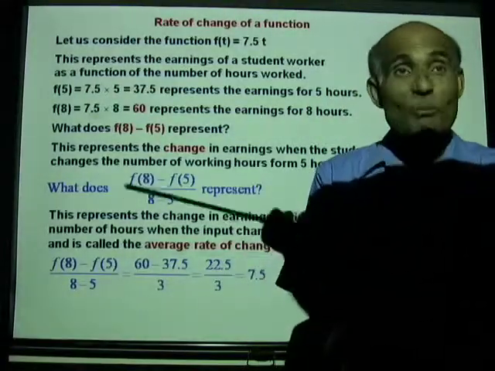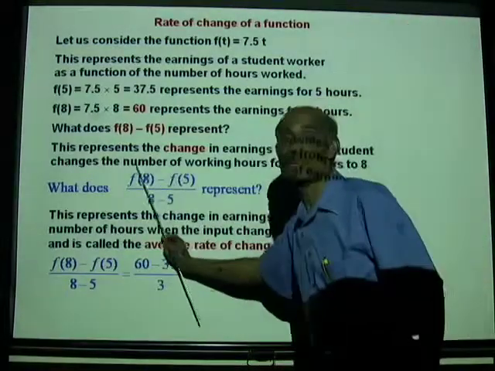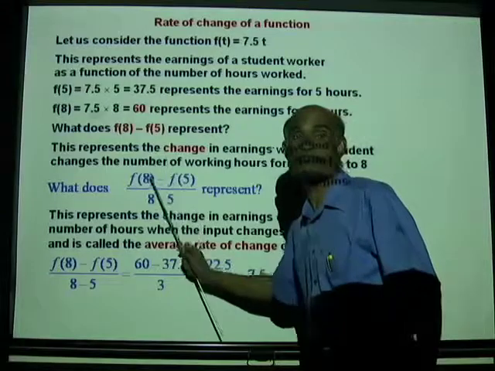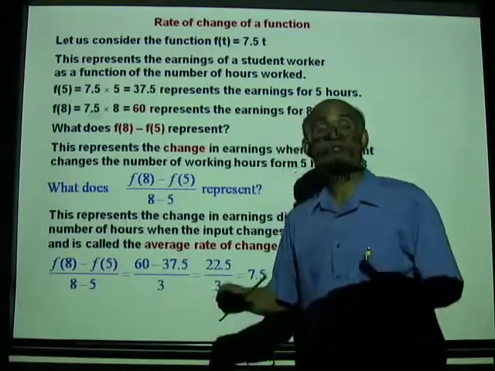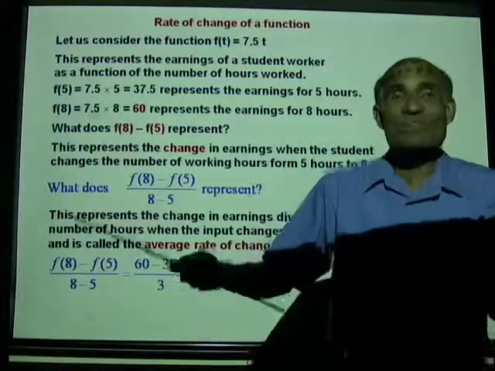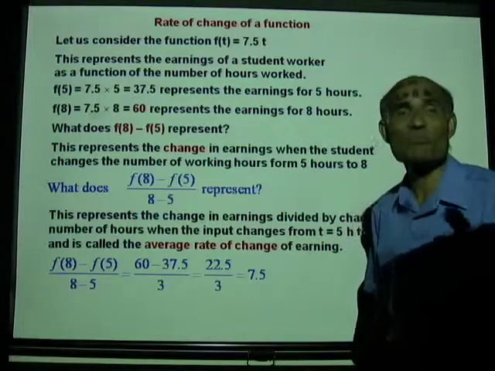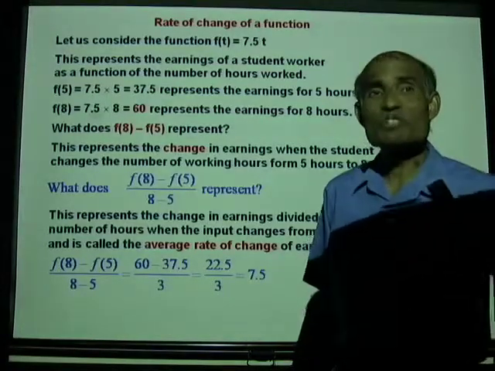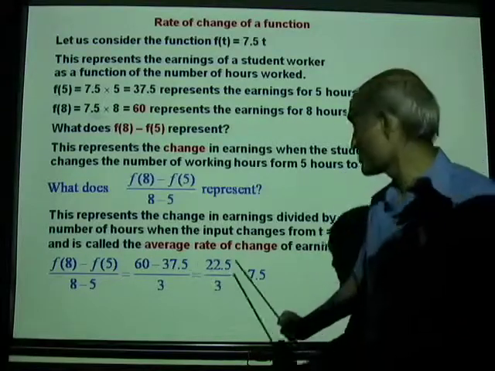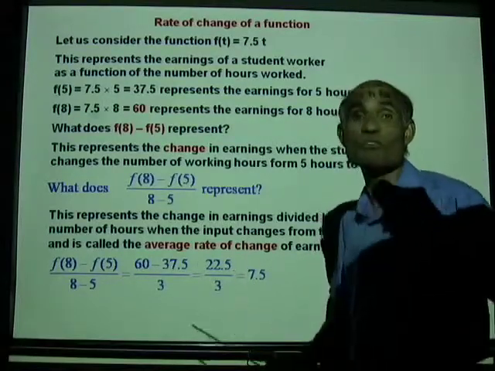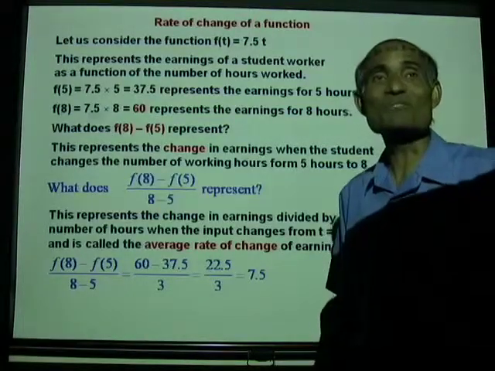Isn't that the rate of pay of the student? Yes. So what does this represent? The change in the function value divided by the change in the input value is a measure of the average rate of change. And the average rate of change here is 7.5. It means every time the student works for 1 more hour, the student takes home $7.5 more. That's the meaning of the average rate of change.